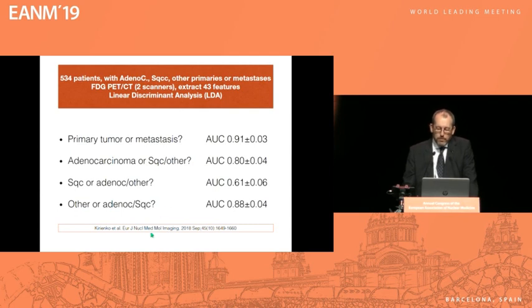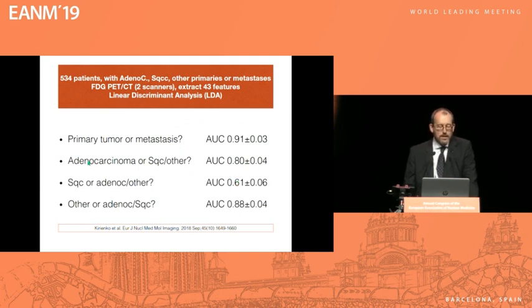Data were acquired using 2 different scanners, and the machine learning algorithm that they used was LDA, linear discriminant analysis. To answer the question, is this lesion a primary tumor or a metastasis, the algorithm got the answer with an area under the curve of over 90, which again is very nice, with a very tight confidence interval.